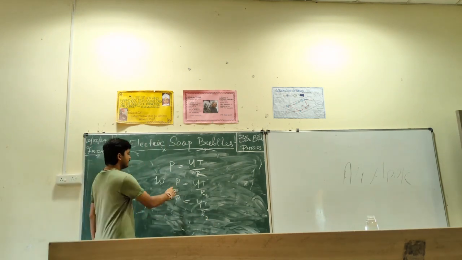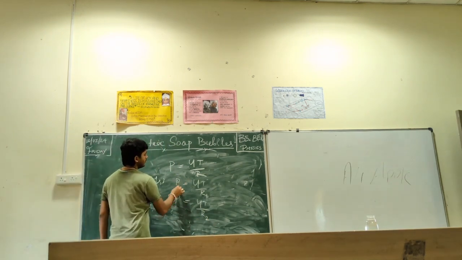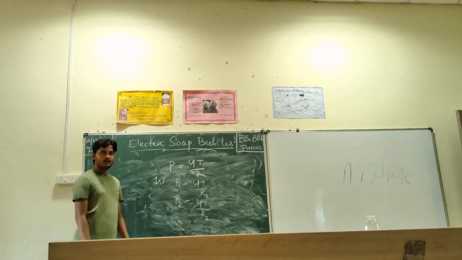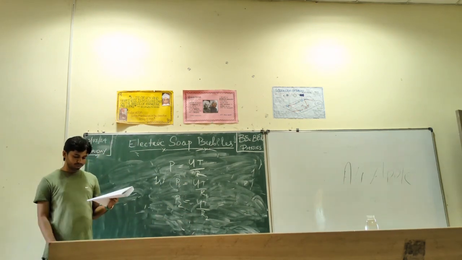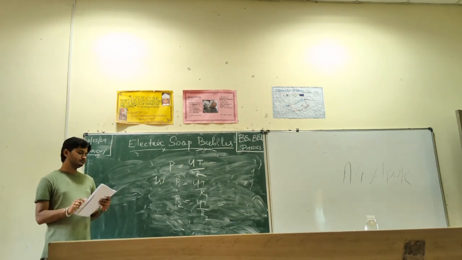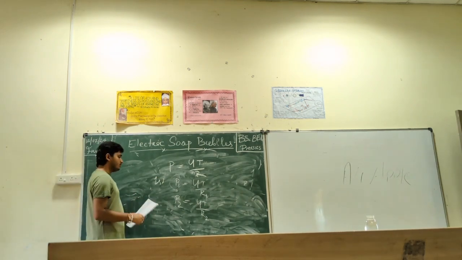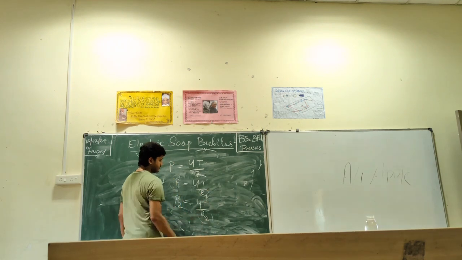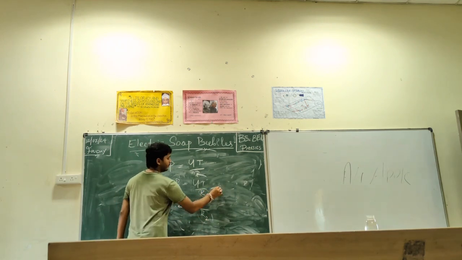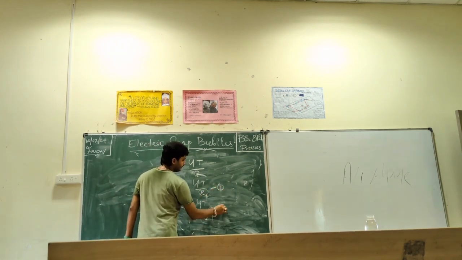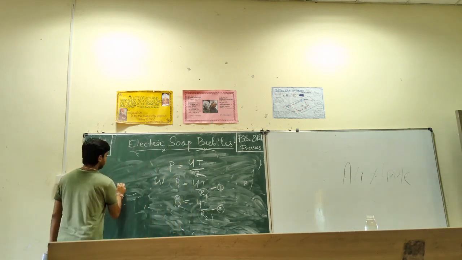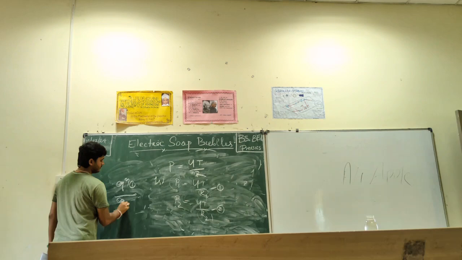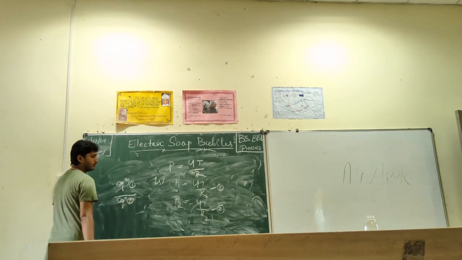Okay, and the pressure is also P1 and P2 like this one. So we have to calculate the ratio of radius. Just divide equation 1 and equation 2. So, equation 1 divided by equation 2.